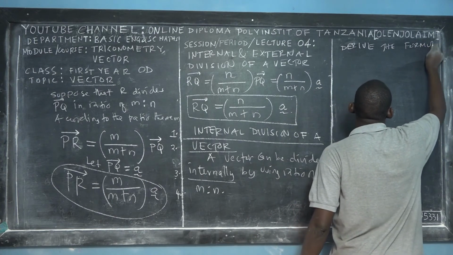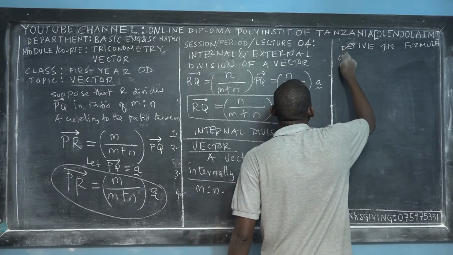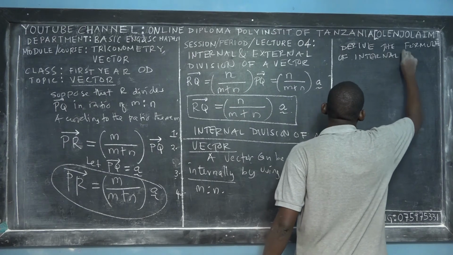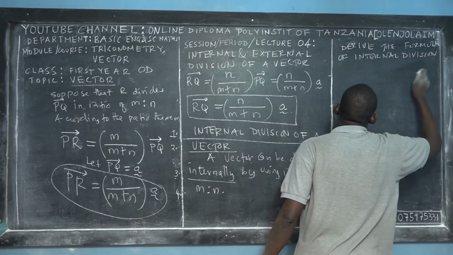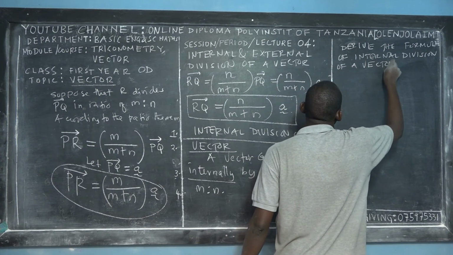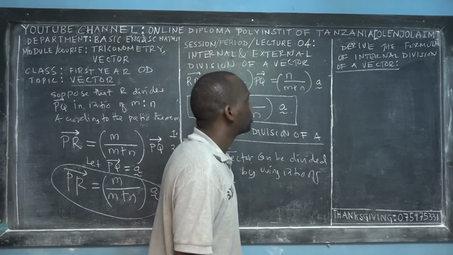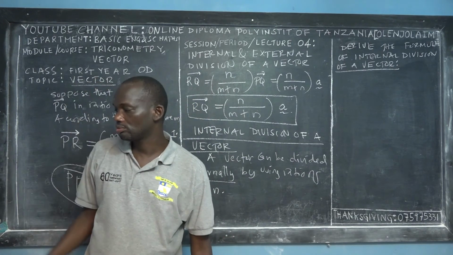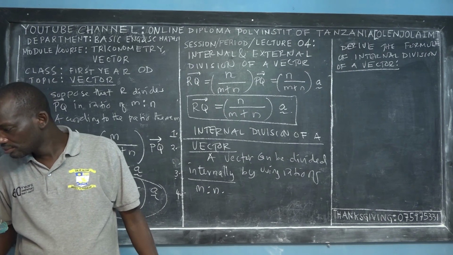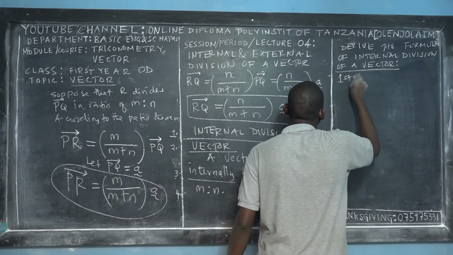I want to teach you how to derive it, in case you are asked, the formula of internal division of a vector. So we'll be using the triangle law, and then we'll be using the geometrical representation. Right? So I'll be teaching you how to write it by following steps.